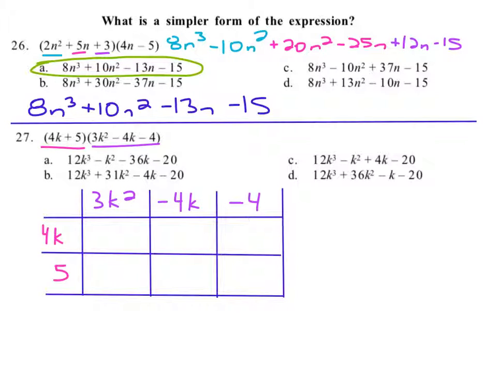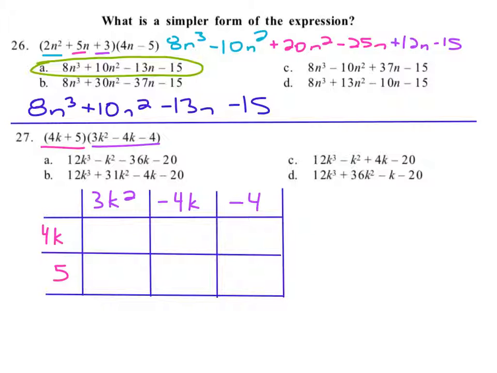What that's going to do is give us a grid pattern where we multiply everything in the first polynomial by everything in the second one, right? This is 4k times 3k squared, 4k times negative 4k, and 4k times negative 4. And then this is 5 times 3k squared, this is 5 times negative 4k, and this is 5 times negative 4. So let's write them in. What do we get?